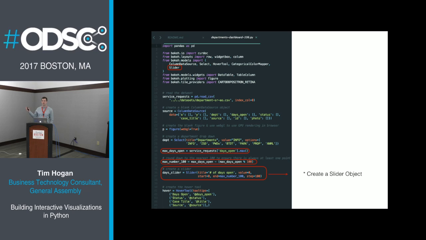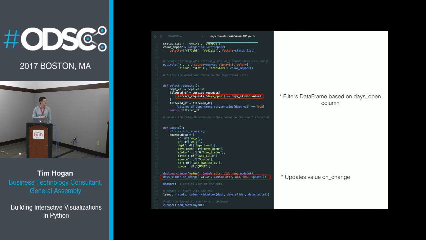We're going to step by hundreds of days open. So it's going to go from 0 to, I think, about 2,000 days open as the max, but it's going to step up by 100 each time as you go along. These two, like I said, are just creating this end value for the slider so that we don't end up with no data points in the map at all.